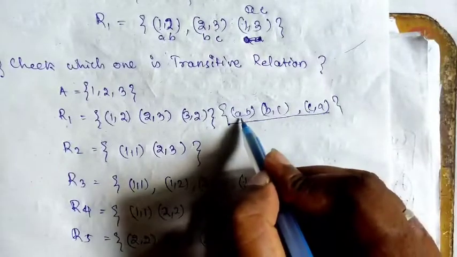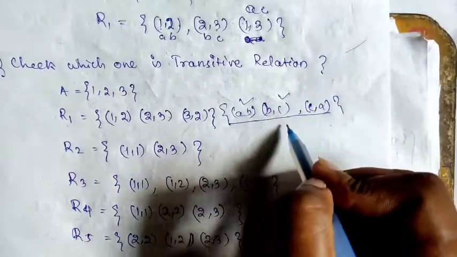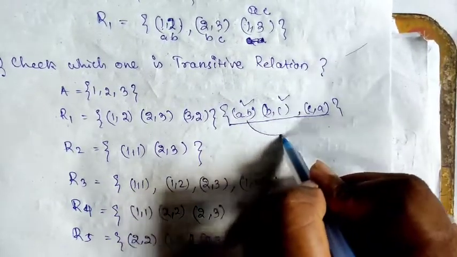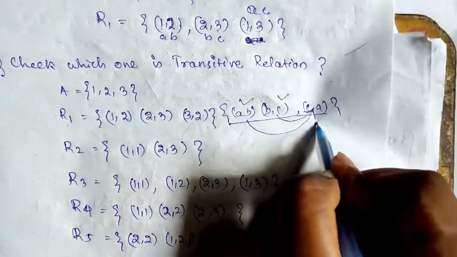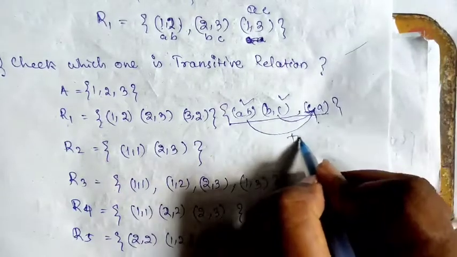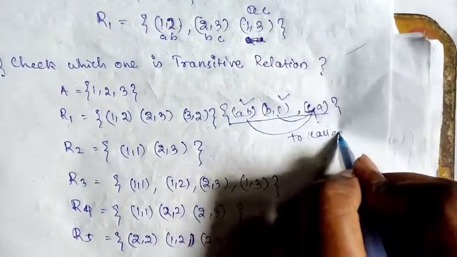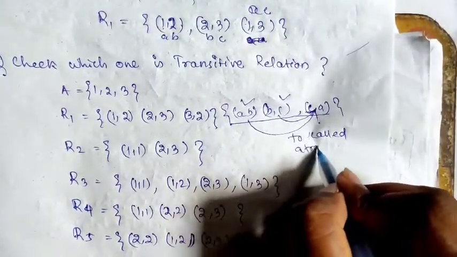If these two order pairs are present, then this third one must be present to be called a transitive one.